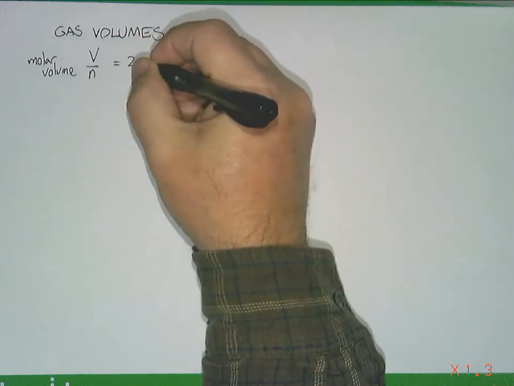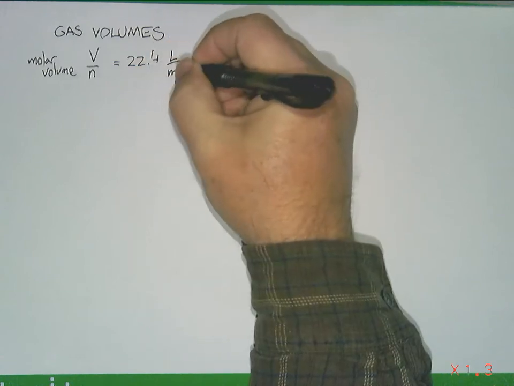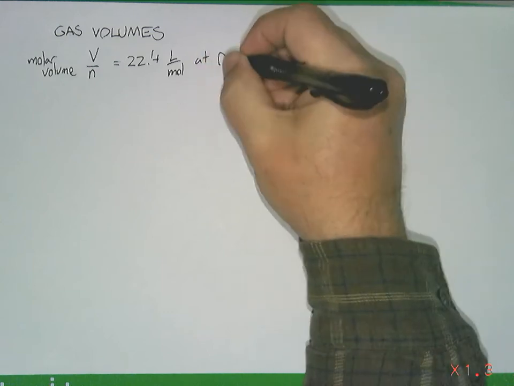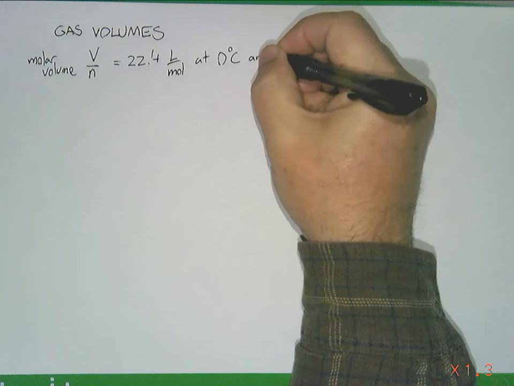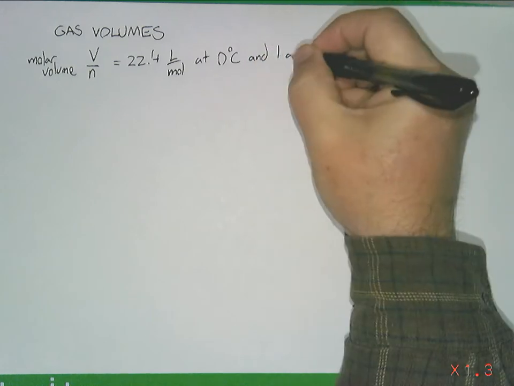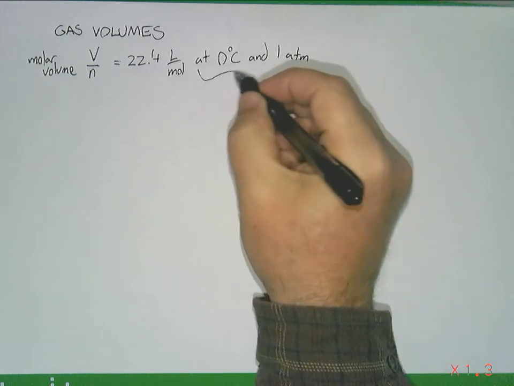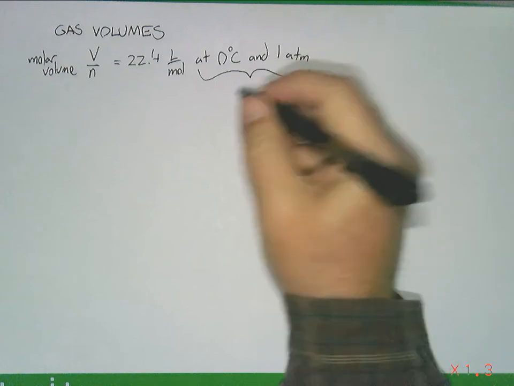It happens to be 22.4 liters per mole if you're at 0 degrees Celsius and 1 atmosphere of pressure.